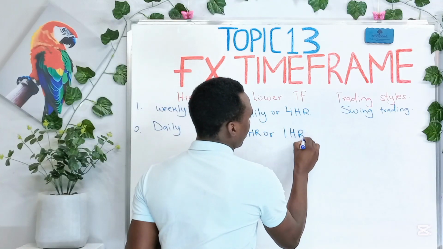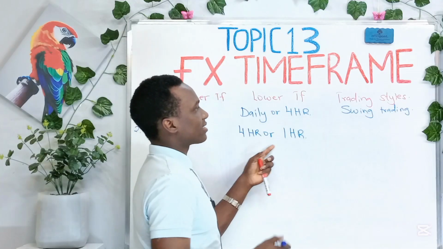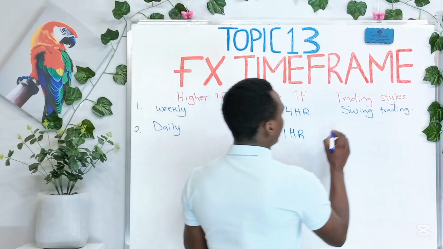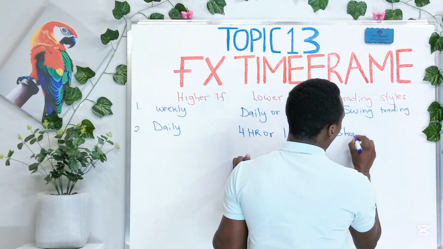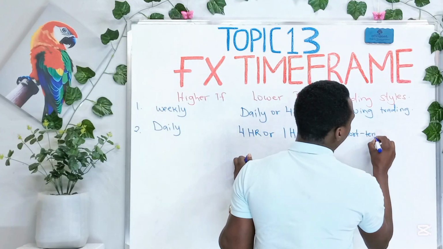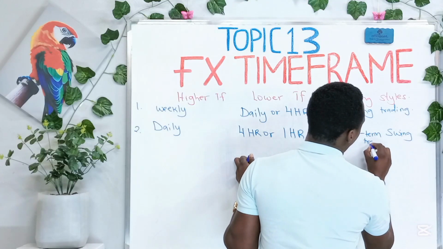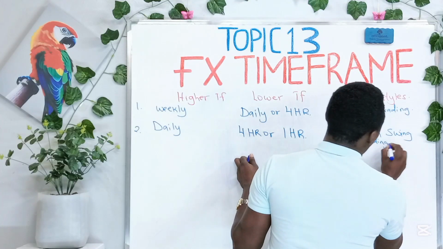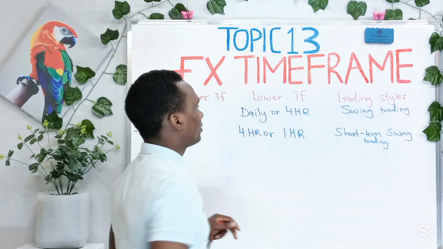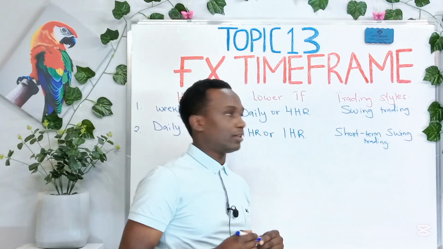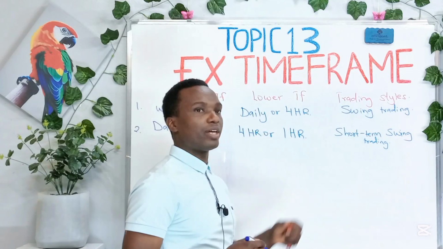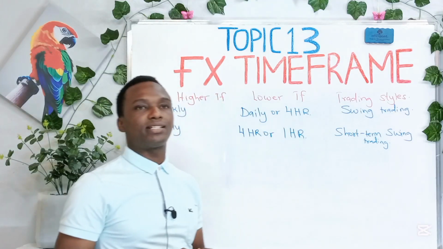In this case the trading style, we'll call it short-term swing trading, because of the daily and the 4-hour. But when we come to the 1 hour, we'll call it intraday trading.